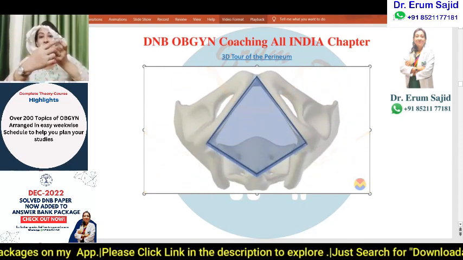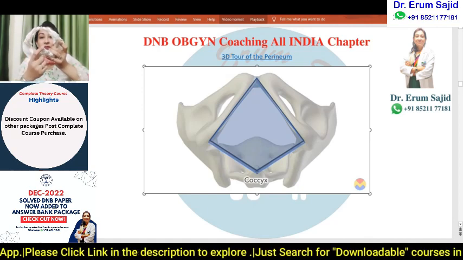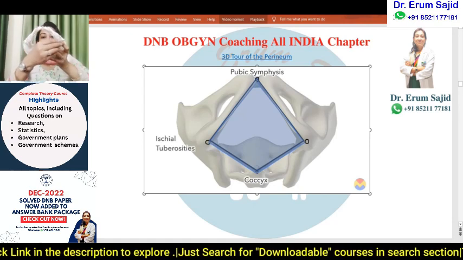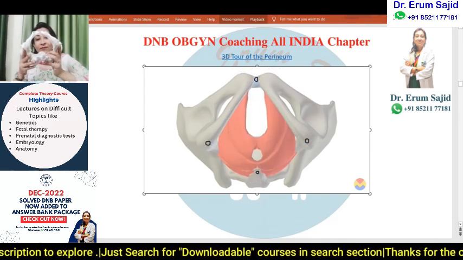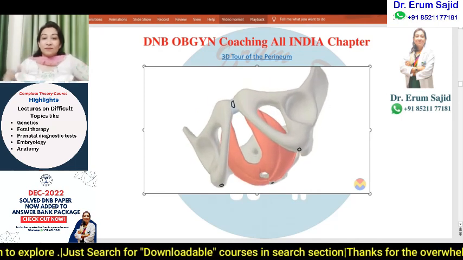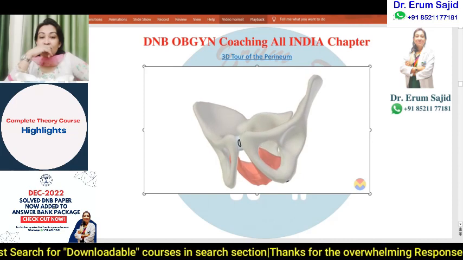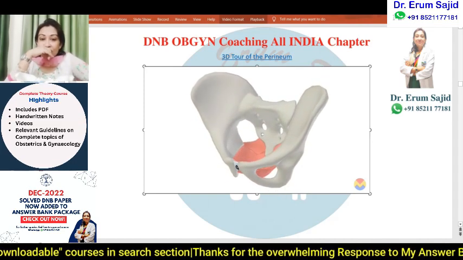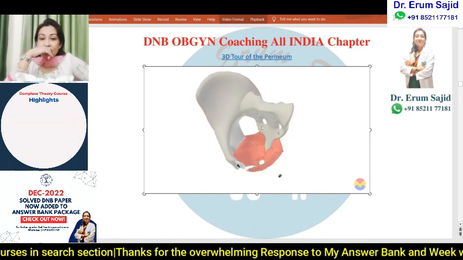The corners of the diamond are the coccyx, pubic symphysis, and two ischial tuberosities. The ceiling of the space is the pelvic floor muscles. The pelvic floor muscles, or levator ani, are shaped like a bowl. So the ceiling of the space is partly convex.